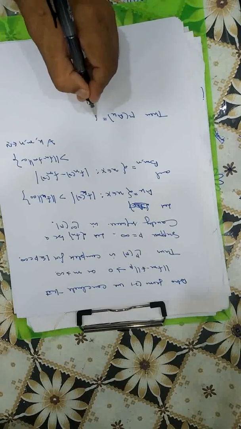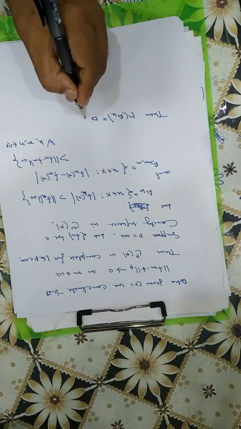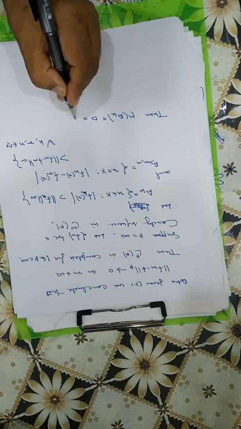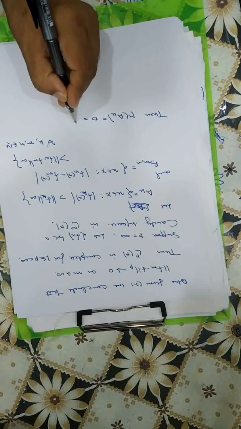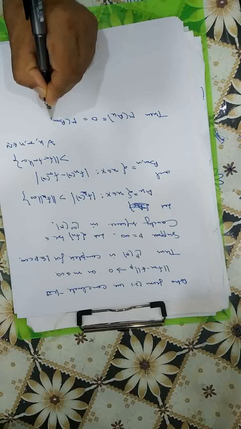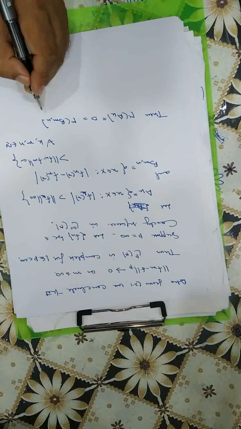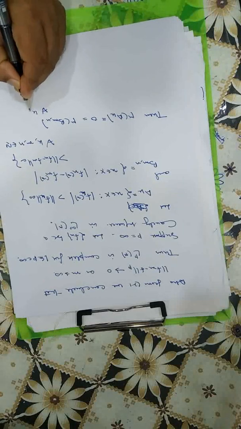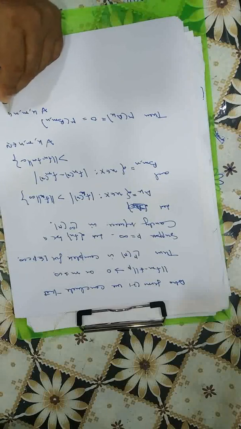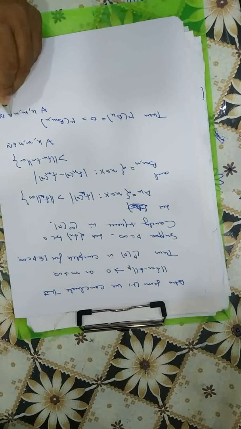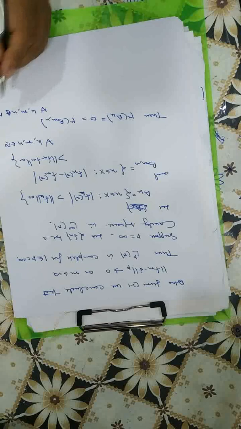Similarly, this is also 0, equal to mu of Bmn. This is true for all k, m, n natural numbers.